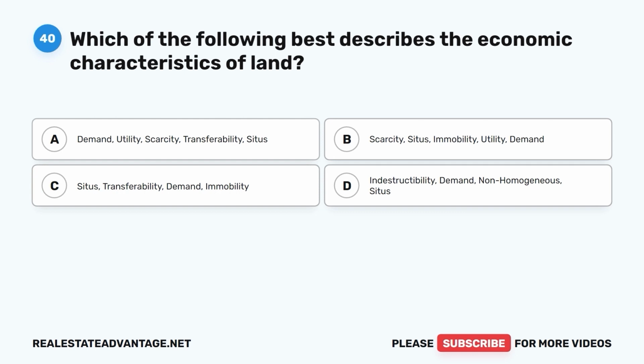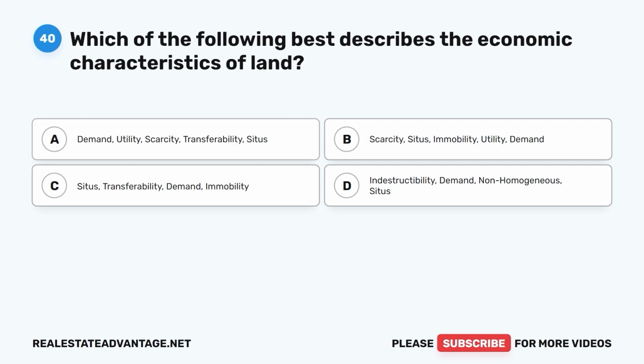Question 40. Which of the following best describes the economic characteristics of land? A. Demand, utility, scarcity, transferability, situs. B. Scarcity, situs, immobility, utility, demand. C. Situs, transferability, demand, immobility.